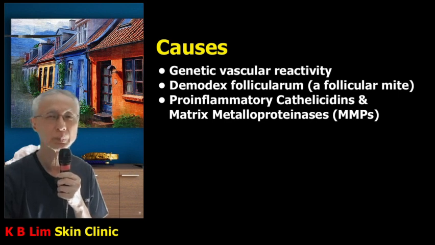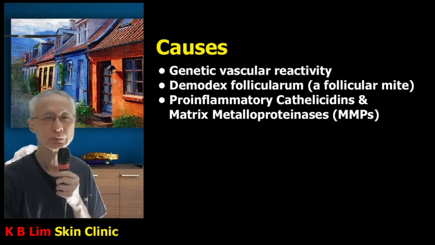It's also been proposed that Demodex folliculorum, a mite that lives in the hair follicle, may be involved in the causation of acne rosacea, and also production of pro-inflammatory chemicals known as cathelicidins and matrix metalloproteinases.